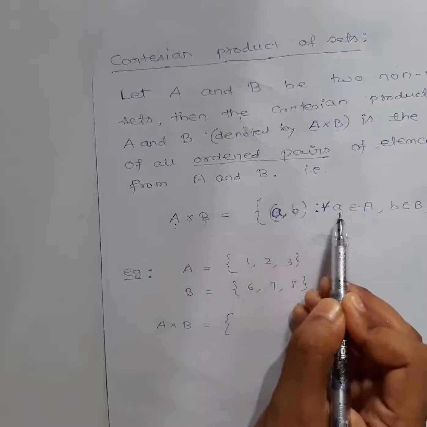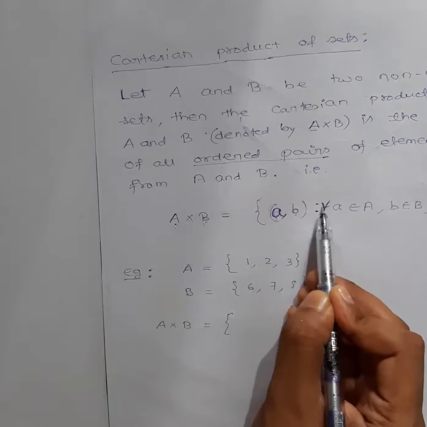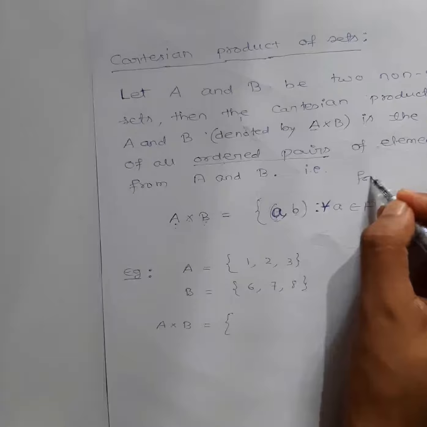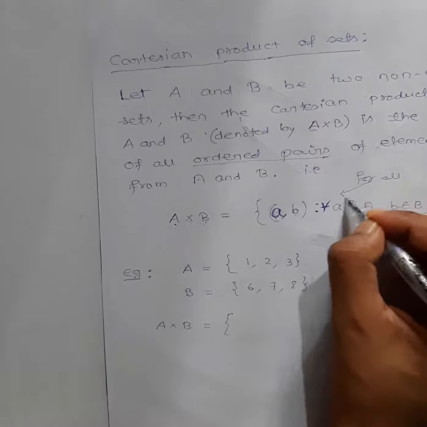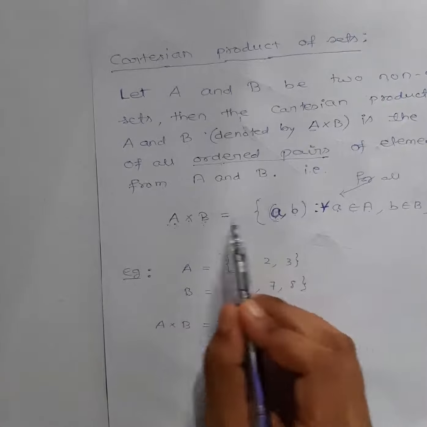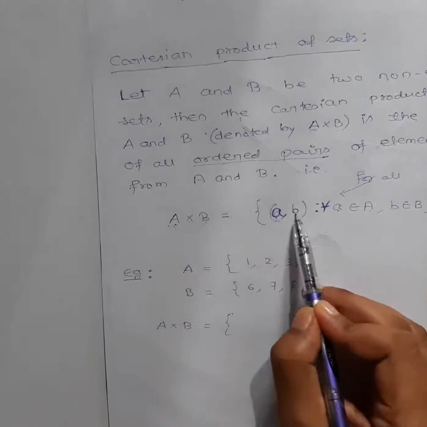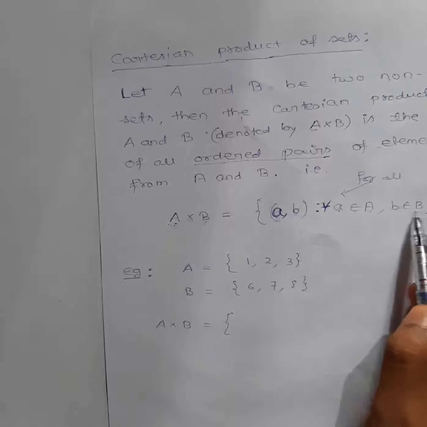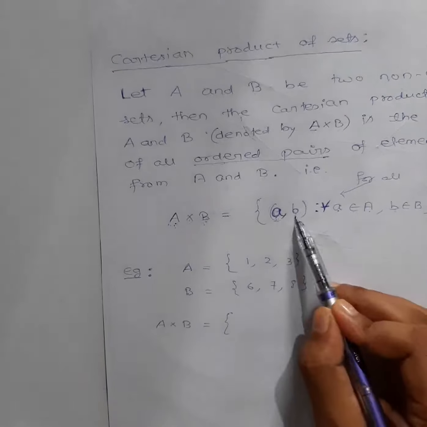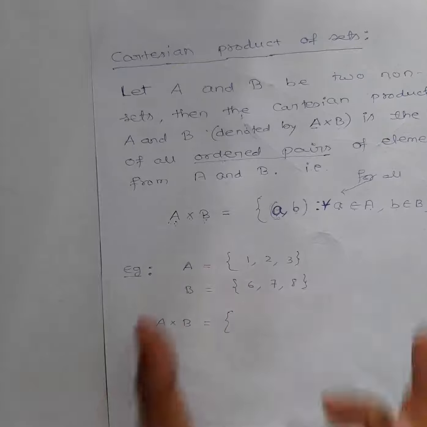So you can see I have written here for all a belongs to A, this is the symbol which is read as for all. For all a belongs to A, the first element will belong to the first set only, and b belongs to B means the second element will belong to the second set.